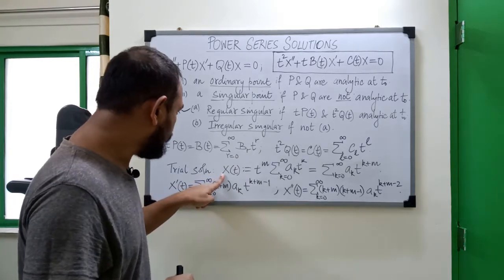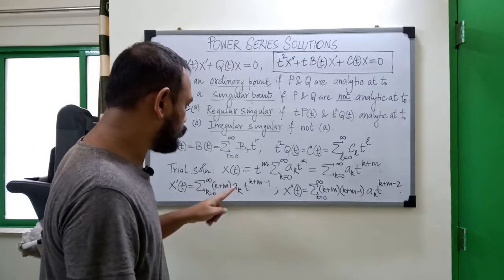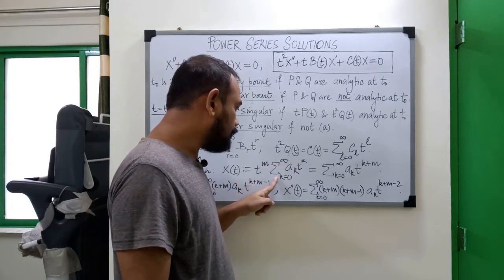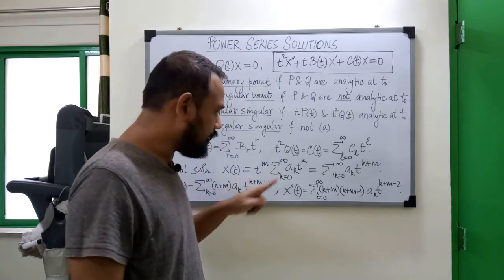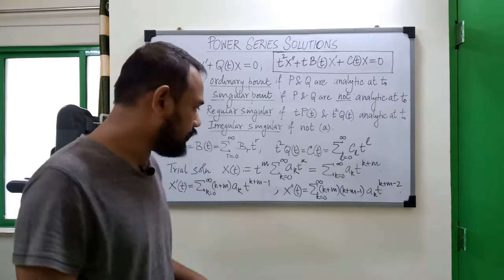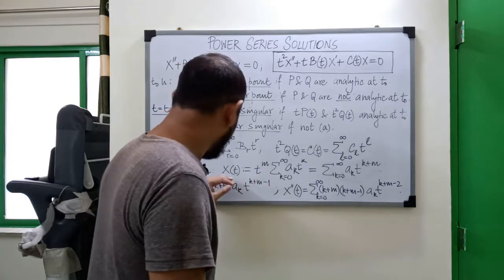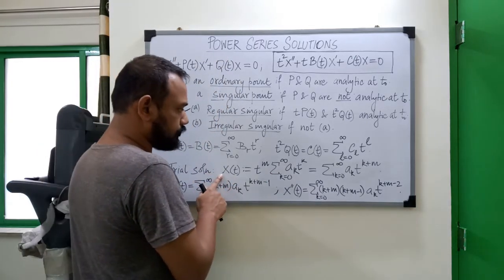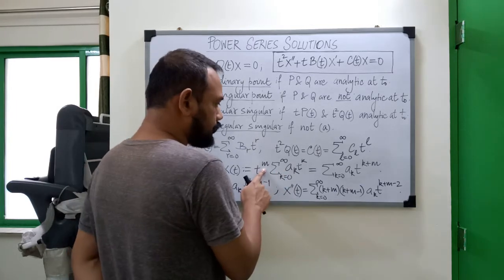In such a case, we will always take a trial solution to be not just a power series, but a power series multiplied by t to the m, where m is also an unknown quantity, an undetermined coefficient. This will be the trial solution where all these a_k are also undetermined and m is also undetermined.